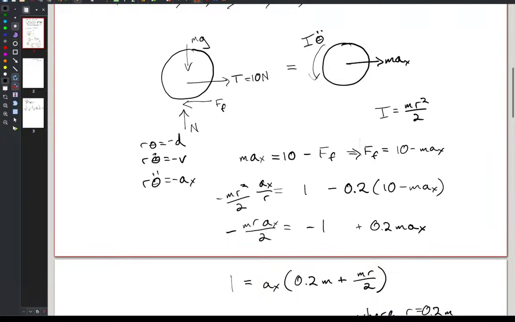But I think, because force of friction is directly proportional to that tension, if I made it 1, all the numbers would just decrease by 10. Force of friction would also be 10 times less. Yeah, yep. Because MAX has to equal tension minus force of friction.